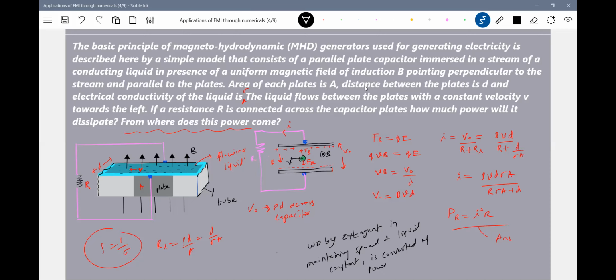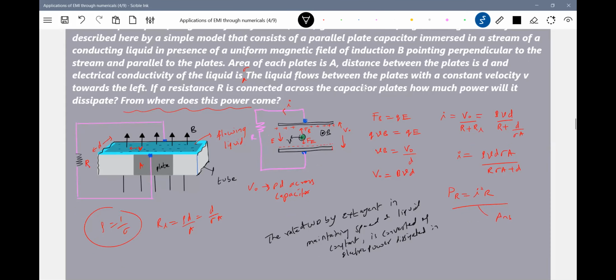We'll write it. The rate of work done in maintaining the speed of the liquid constant is converted as electric power dissipated across resistor R.